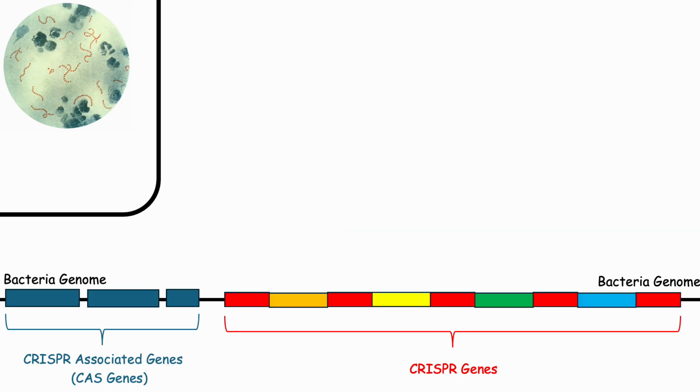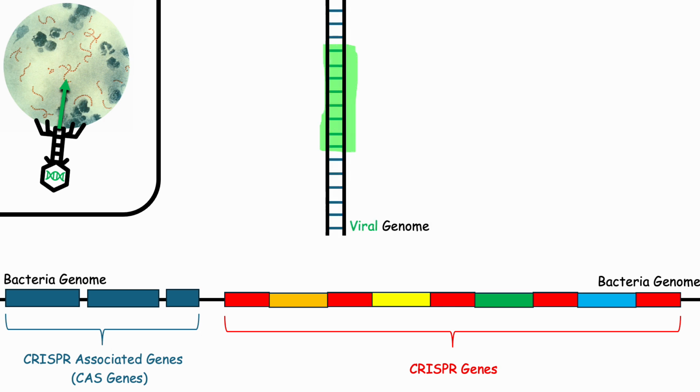Let's take a closer look at the CRISPR-Cas genes in action. We find a virus trying to infect our S. pyogenes and has inserted its DNA into the bacteria. The bacteria notices and recognizes the DNA as one of a past infection, evident in the CRISPR genes.